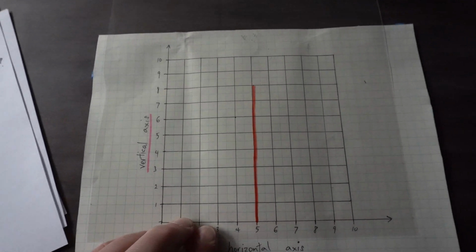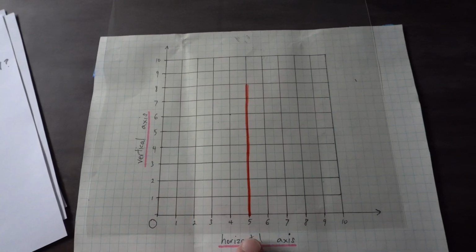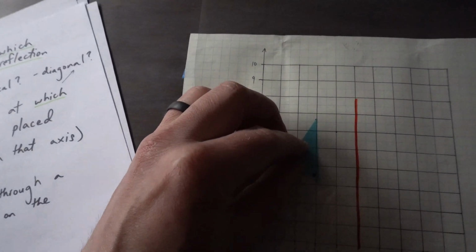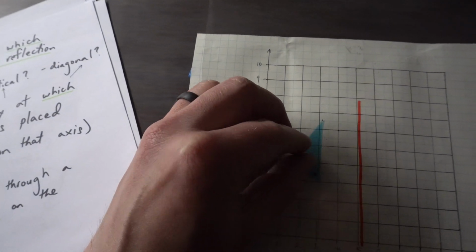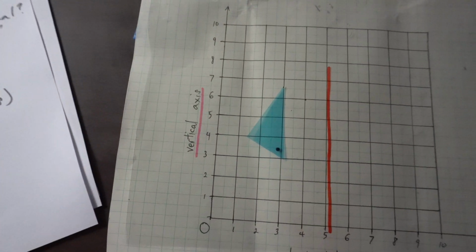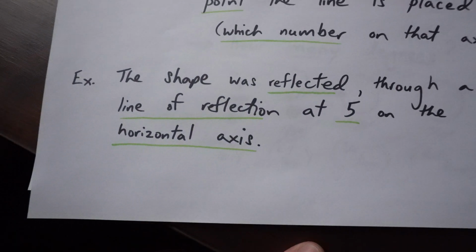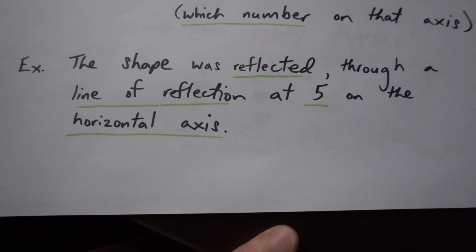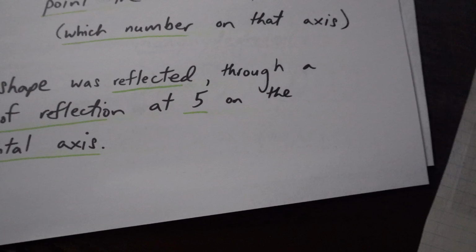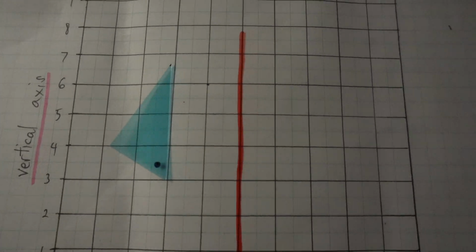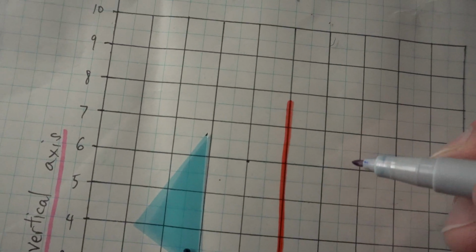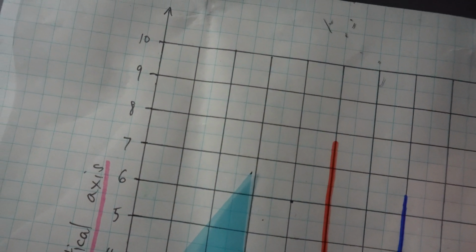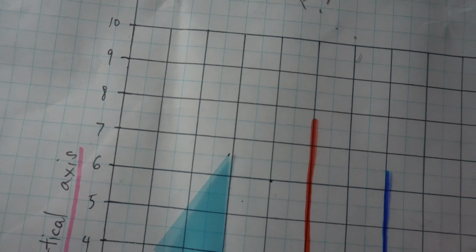Okay. And you need to say which point the line is placed. So if I place this here, you can see where it is placed. In my example, I could place my shape like this. Okay, poorly. And I would say this shape was reflected through a line of reflection at 5 on the horizontal axis. If I was reflecting this thing, which I'm going to do a poor job of, I would have a reflection that was like that.